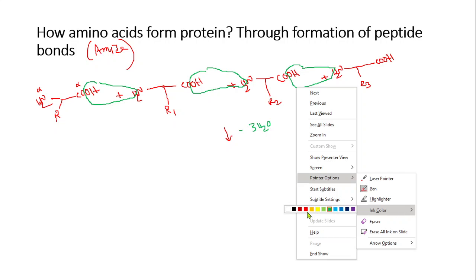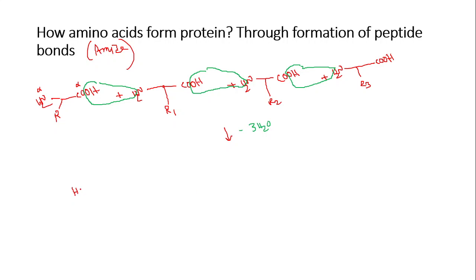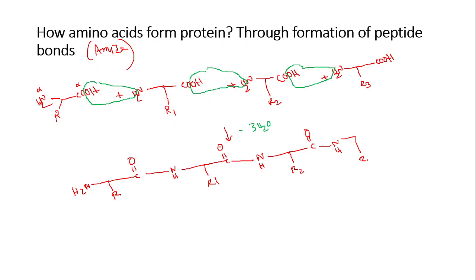The product is going to look like this: NH2, R, CONH, R1, CONH, R2, CONH, R3, COOH. We originally had 4 amino acids, because you can see there are 4 side chains, and the product also has 4 amino acids because of the 4 side chains here.